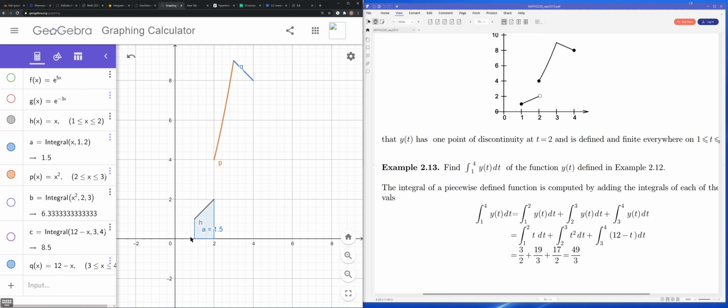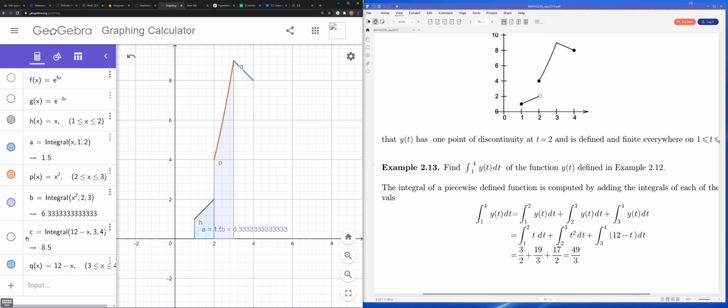When you integrate the t between 1 and 2, you get this area here. And if I integrate the t squared between 2 and 3, I will get the next area, which is this slightly more purplish area here under the t squared. And then finally, what I would need is the area under 12 minus t.